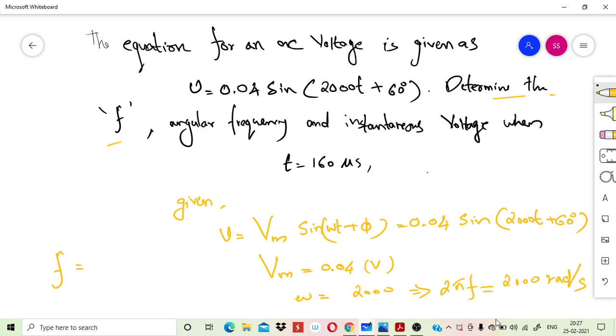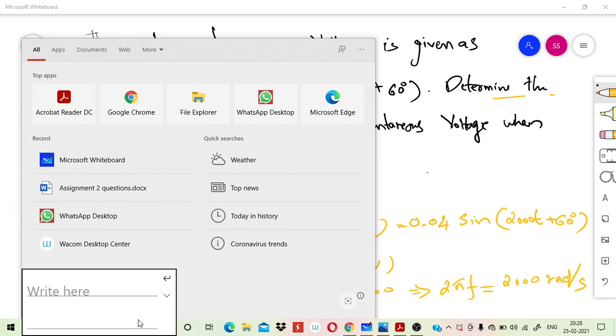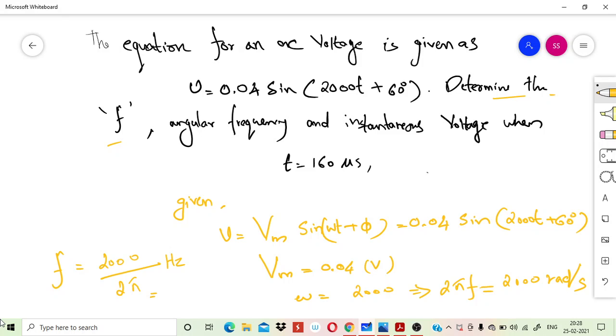So f will be equal to 2000 divided by 2 pi hertz. We have a calculator. 2000 divided by 2 pi is equal to 318.3 hertz.